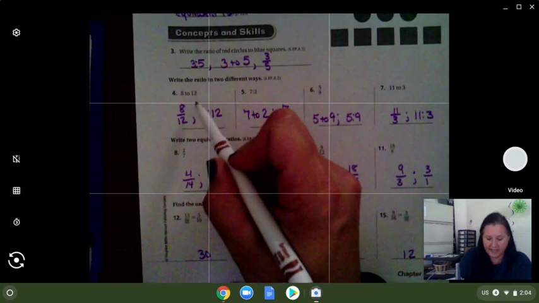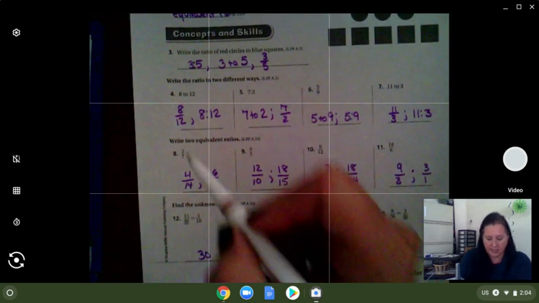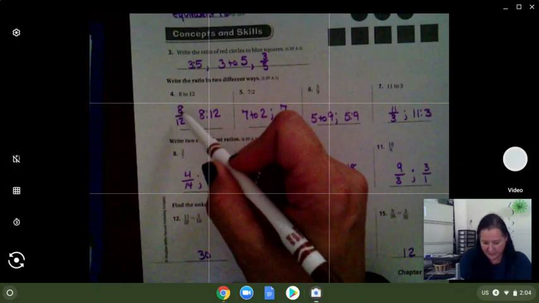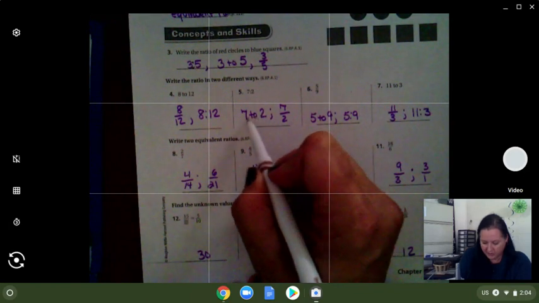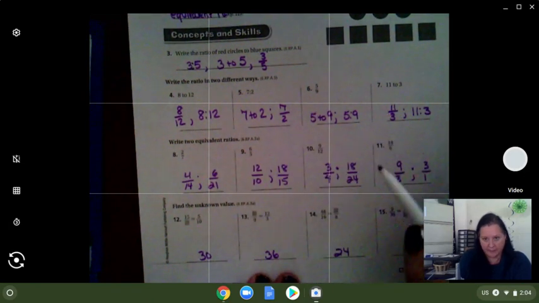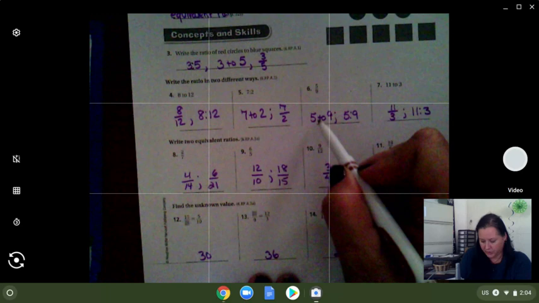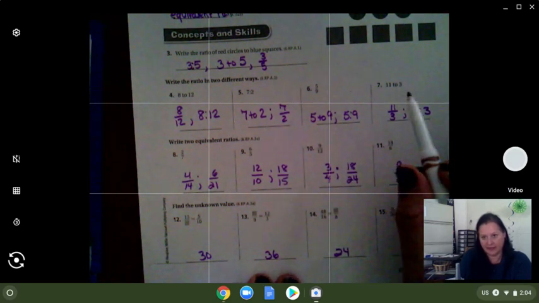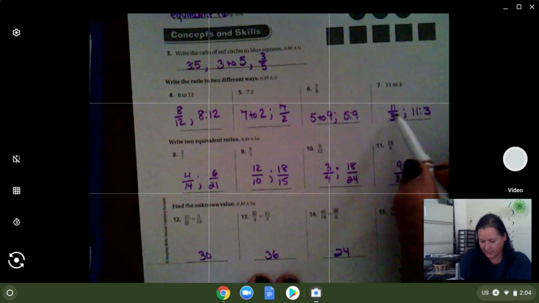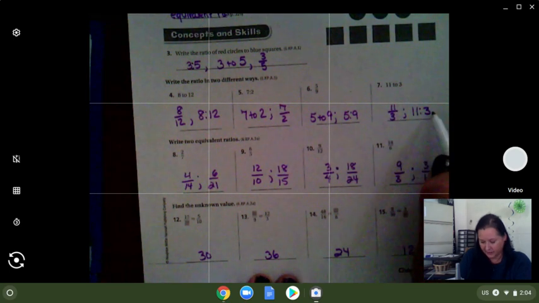They give you one way, you write the other 2. So for number 4 should be as a fraction and with a colon. 5 with the word 2 and as a fraction. 6 with the word 2 and with a colon. 7, 11/3 as a fraction, and then 11 to 3 as a colon.